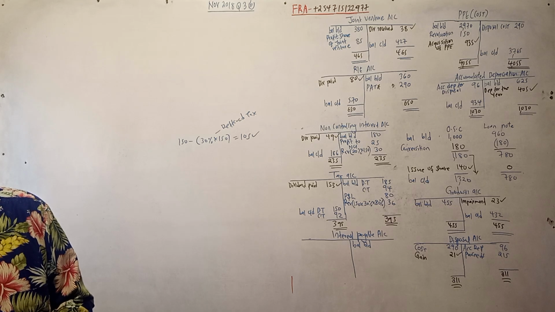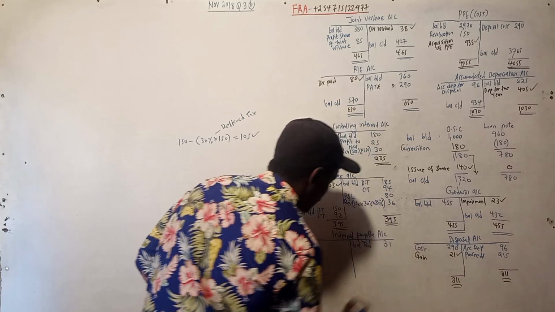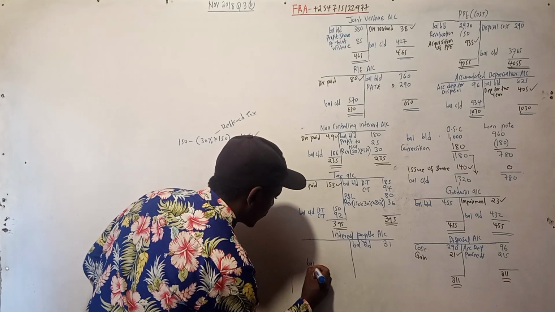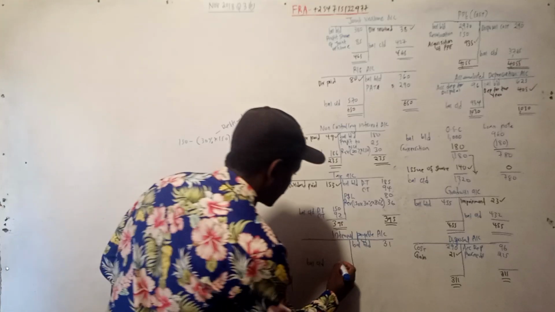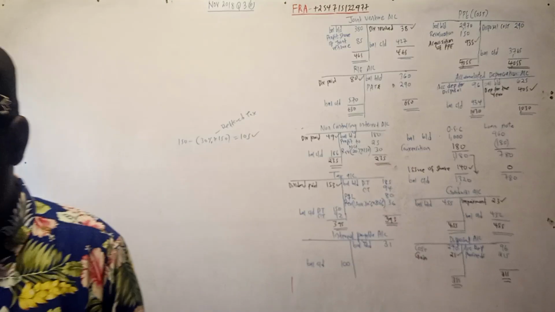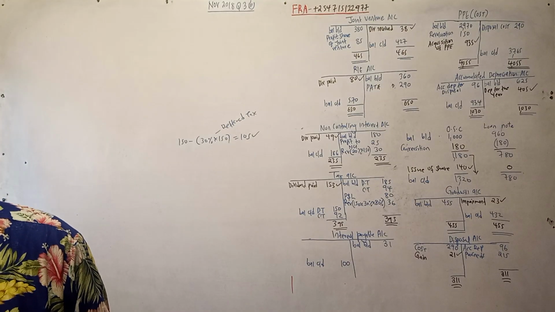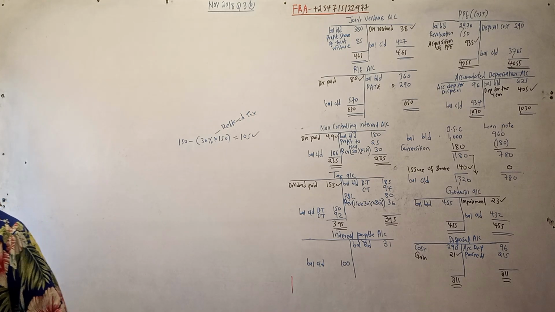So the balance at the beginning for the interest payable account is 31. And the balance carried down is 100. Then we go to our income statement. We check the finance cost. The finance cost is 85.